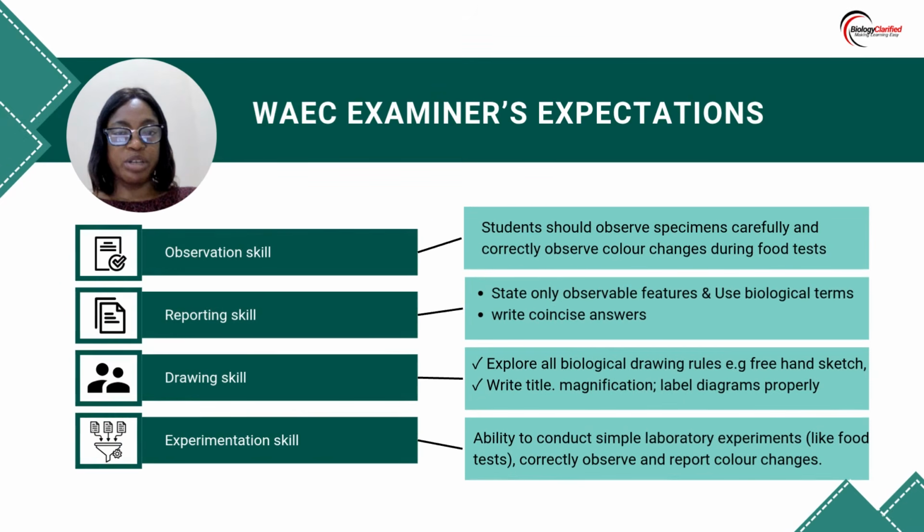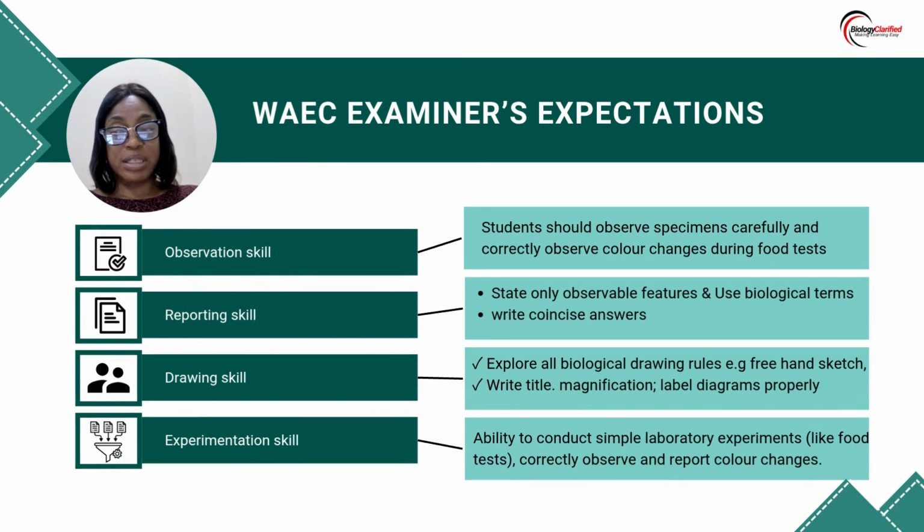Before we go into the detailed conversation about the specimens, I decided to talk about WAEC examiners' expectations. You need observation skill. What do we mean? Students should observe specimens carefully and correctly observe color changes during food tests.